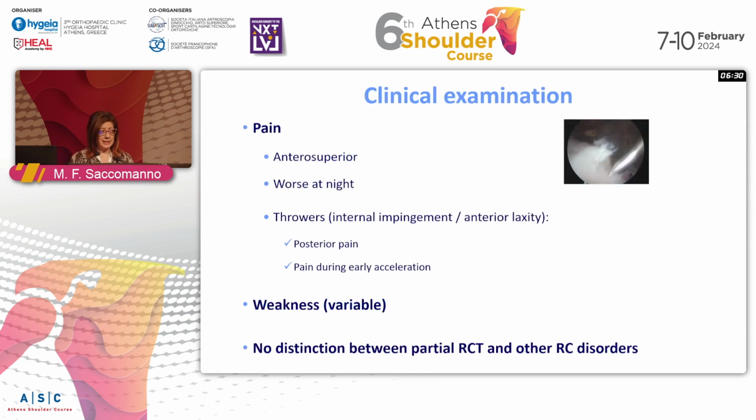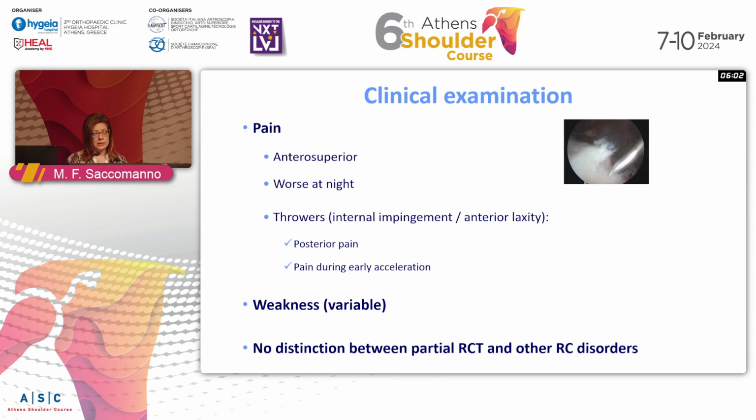For clinical examination, how can you suspect in your clinical practice that this patient probably has a partial tear? Pain, similar to a rotator cuff tear, usually worse at night. In young population, as we already said, we suspect an internal impingement, and so it's probable that you have a partial articular tear, especially in throwers. Thickness is variable.